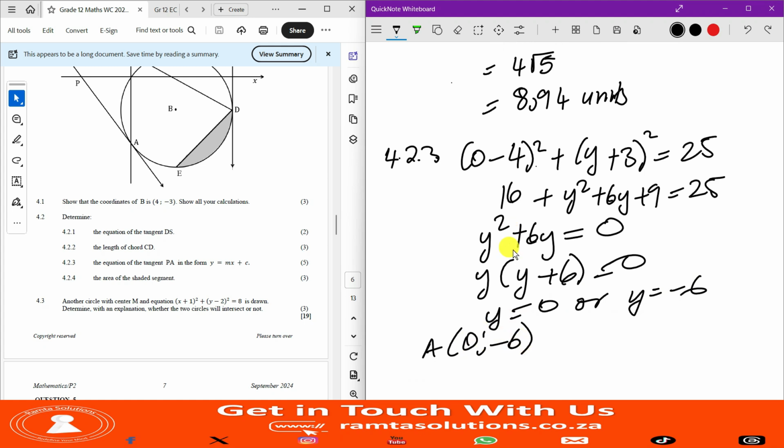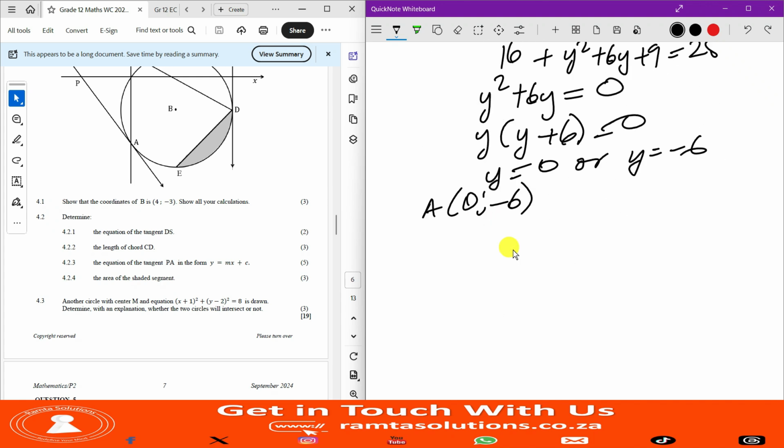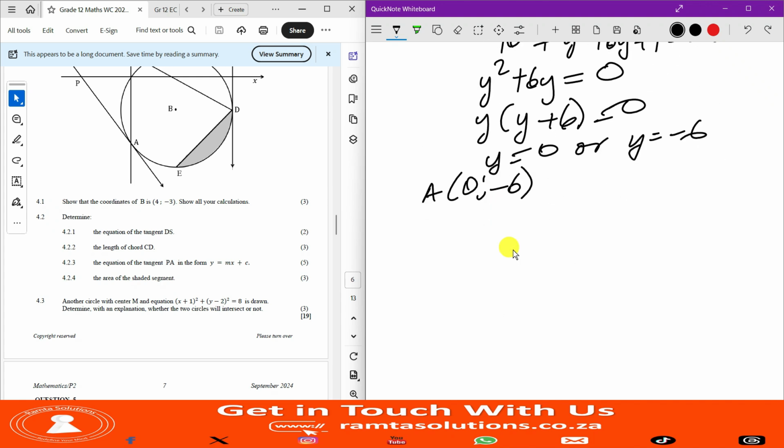So now you know what the coordinates of A are. All right, so let's do this. We need to find the gradient BA or AB. So let's find gradient AB. Gradient AB will be y of B minus y of A all over x of B minus x of A. What is y of B?